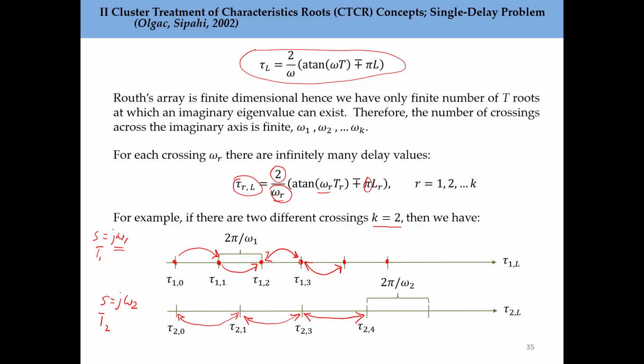The appearance of these omega 1 crossings will be very frequent because the delay values are spaced with small distances from each other, because omega 1 is large. Whereas if omega 2 is small, the delay values for which the crossing at omega 2 happens are very scarce and not very densely packed.